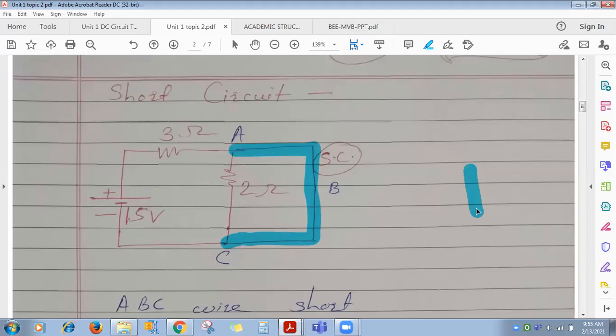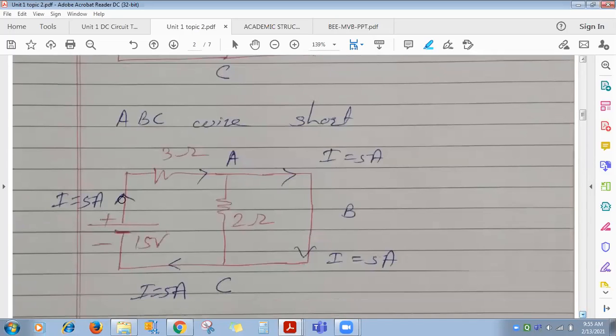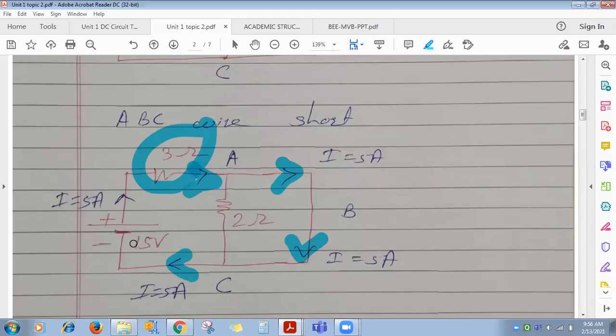Because current always prefers which path? The minimum opposition path. So whenever current starts from the 15 volt battery, it will flow through the 3 ohm, then the short circuit branch, whose resistance is very, very low, equivalent to 0 ohm. So the equivalent resistance is 3 ohm only. 15 volt divided by 3 ohm gives 5 ampere.